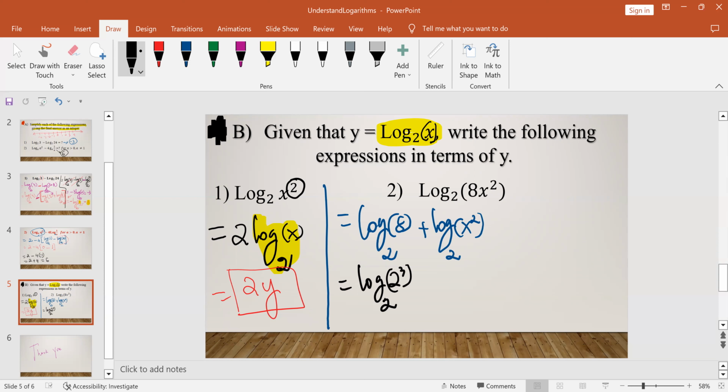You break down the expression of the number if it's possible, plus log of x squared with base 2. Remember, what we have there is just 3. I'm going too fast.